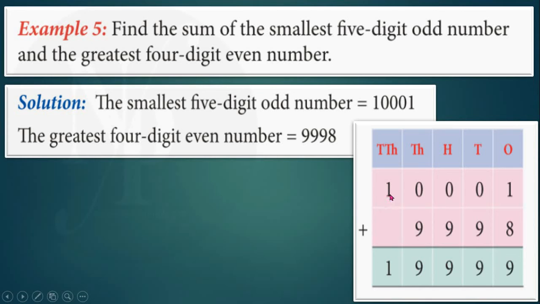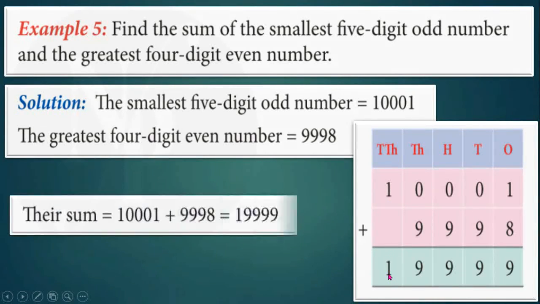Here we have 1, no digit is in the second number in the 10,000's place, so it will be just 1. It will be written in the sum. So therefore their sum is equal to 10,001 plus 9,998 is equal to 19,999. So this is the required solution.